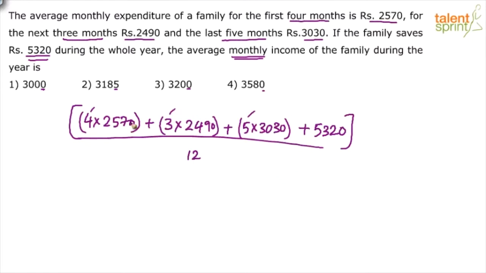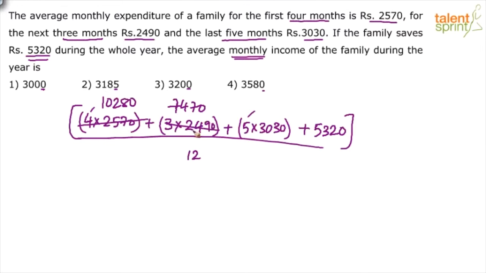Like for example, 4 into 2,570. How much is that? 4 into 2,500, 10,000. 70 into 4, 280. So this is 10,280. 3 into 2,490. So 3 into 2,500 is 7,500. Minus 3 into 10, 30. So 7,470. You getting it? 2490 is 2,500 minus 10.